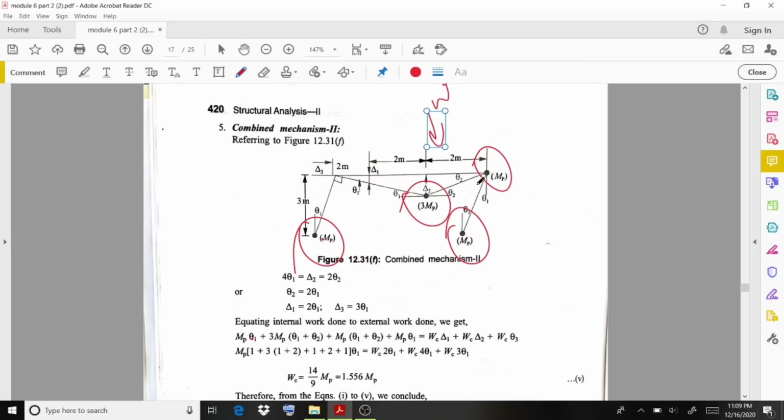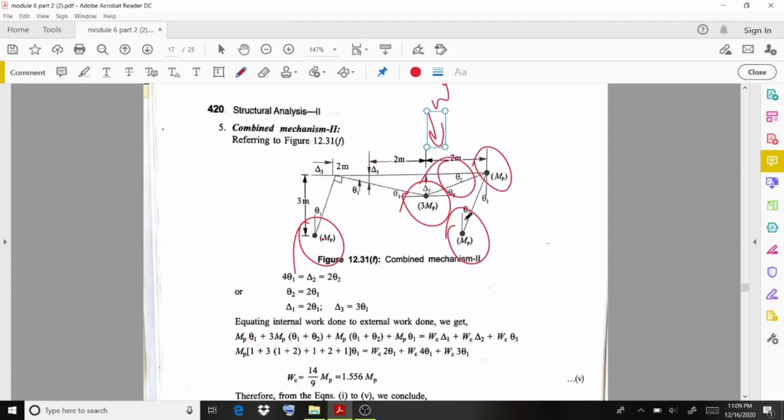Okay, so don't get confused about where to substitute this theta 1 and theta 2. Why are we taking here also theta 1 and here also theta 1? Actually the rotation that happens is the same, but under these conditions the loads are not acting symmetrically, so that's why we are providing the theta 2 value here.